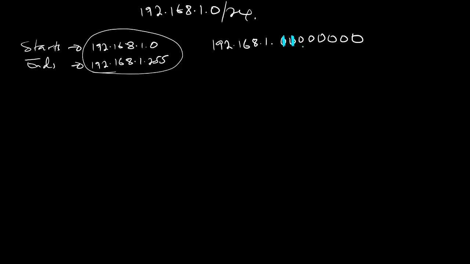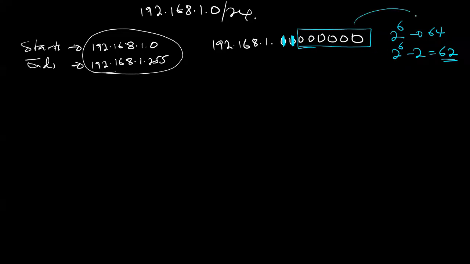First of all, there are only 6 host bits, giving us 2 to the power 6 addresses, which is 64, giving us 2 to the power 6 minus 2 usable addresses, which is 62. At the same time, we get the number of host addresses from the host bits.